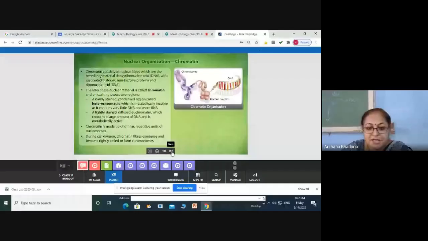The chromosome is made up of rod-shaped structures called chromatids, which are joined by the centromere.